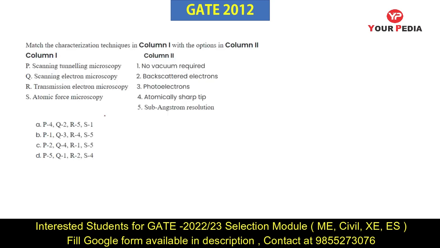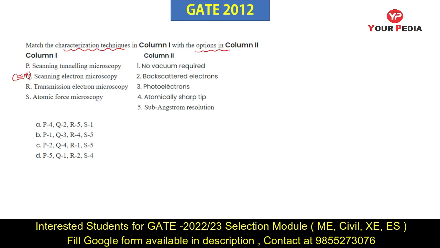Again, basically the same category of question. A characterization technique is there, with the options in column number 2. Here you can see scanning tunneling microscopy, scanning electron microscopy, also called SEM in short, transmission electron microscopy, atomic force microscopy.